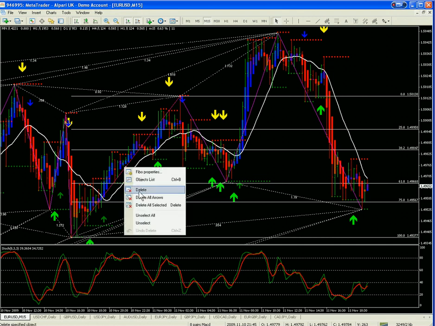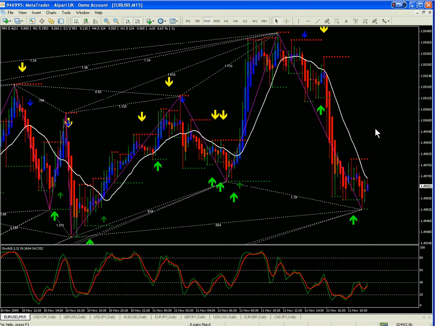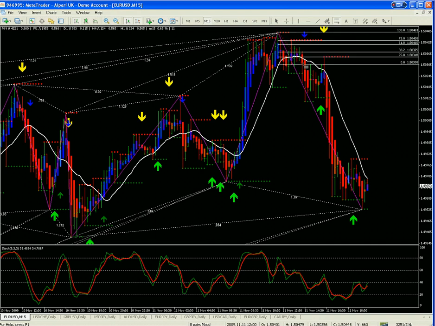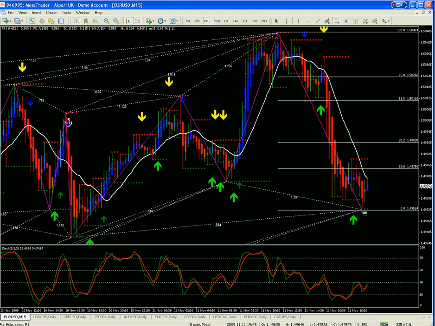Now, let's apply that same strategy to the potential trade that we are faced with currently. We have a high right here. Here's our low.